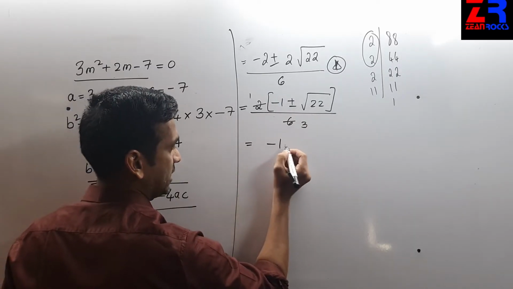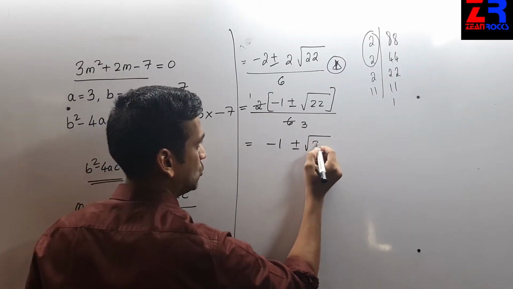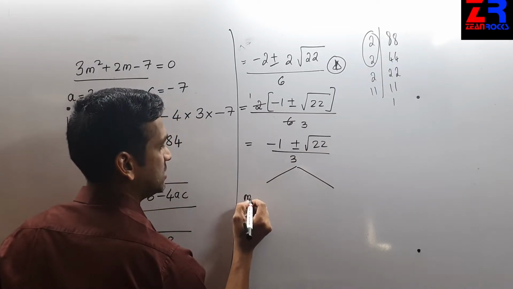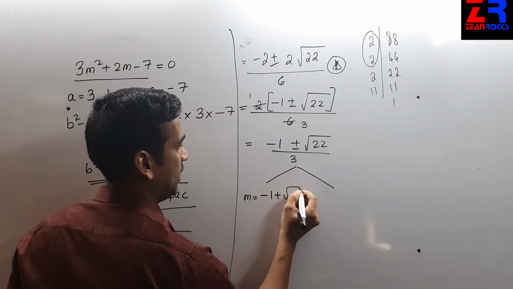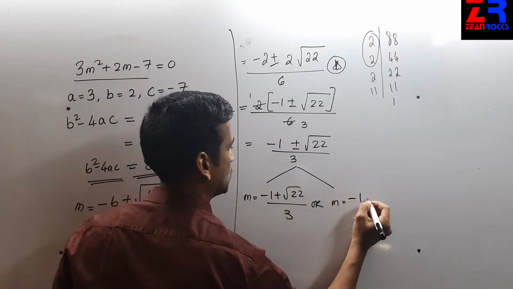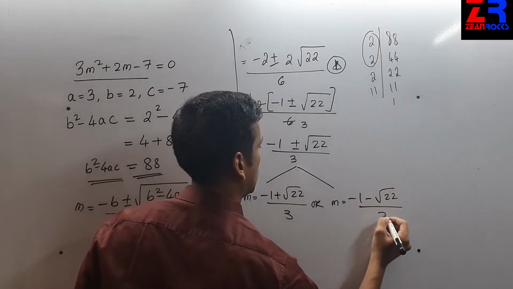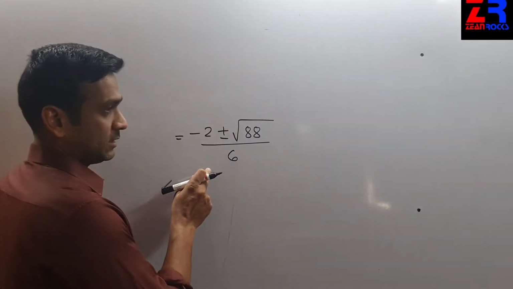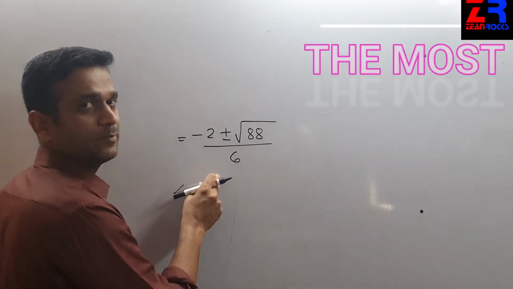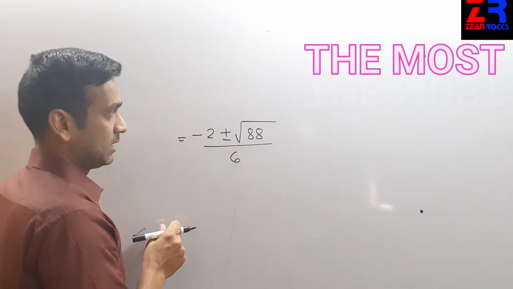So answer will be minus 1 plus minus root 22 upon 3. So there will be two answers. M is equal to minus 1 plus root 22 upon 3 or M is equal to minus 1 minus root 22 upon 3. This is the highlighted step or the most difficult step of the last sum.